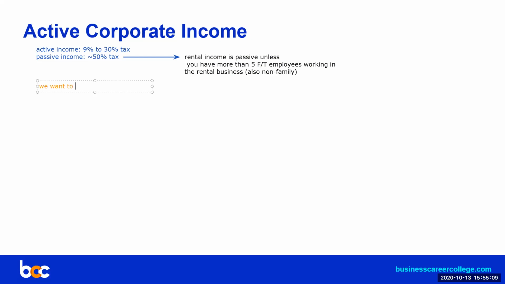So we want to keep income active. And I'm going to show you the case study. This is exactly what you would see if you went to an accounting class today and studied this topic. Nice. All right. And in fact, there's a set of court cases related to this exact thing that we're just waiting to see go through the tax courts related to some Ontario businesses today. Okay.